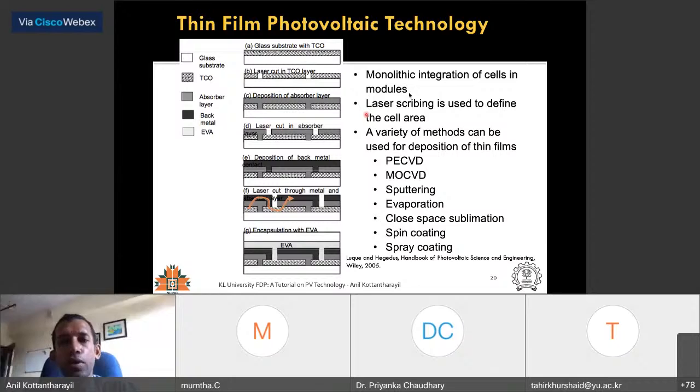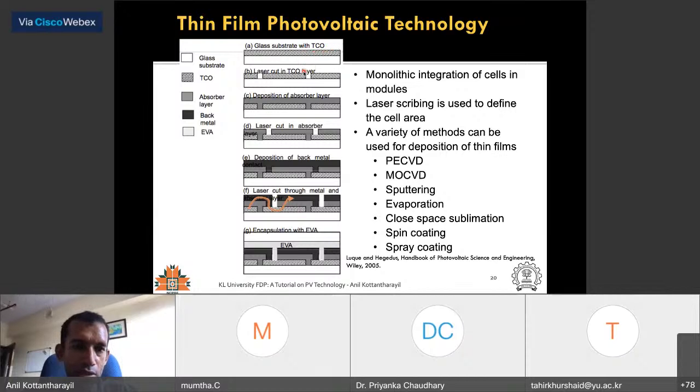Thin film photovoltaic technology is realized in a slightly different way. You start with a glass substrate. On it is deposited a transparent conducting oxide, TCO. So it is transparent, but it is a conducting metal oxide.